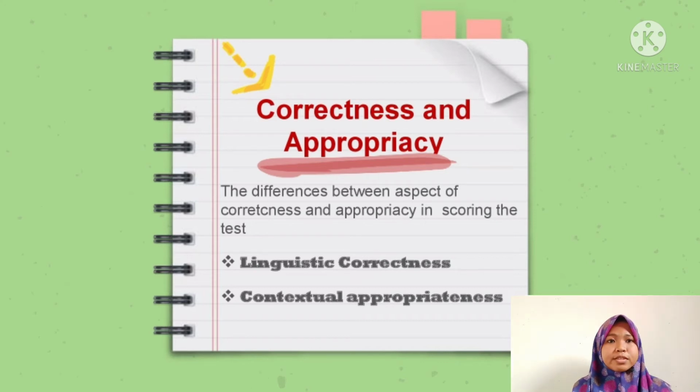And then, how about correctness versus appropriateness? Actually, these are criteria used to score productive skills. If we score speaking skill in terms of correctness, it refers to linguistic correctness.